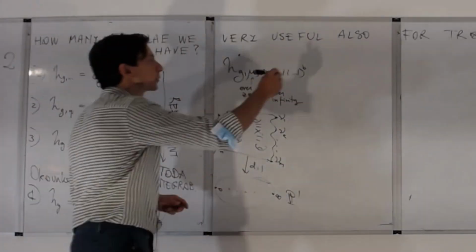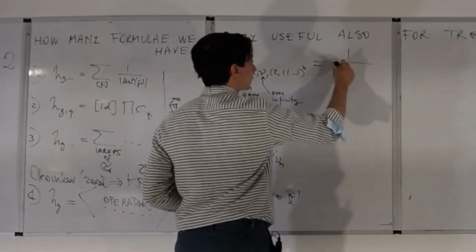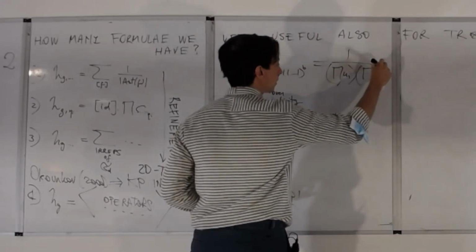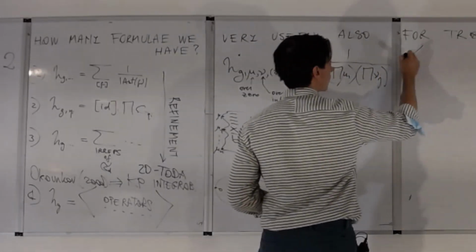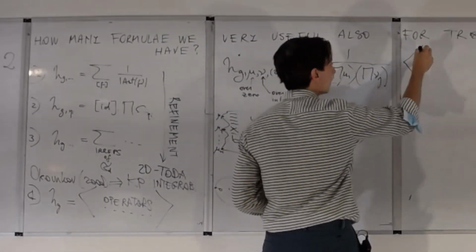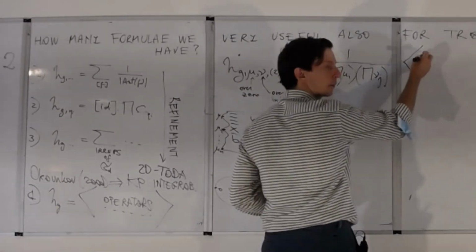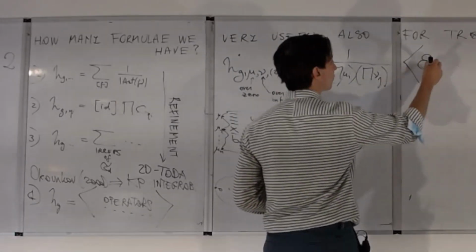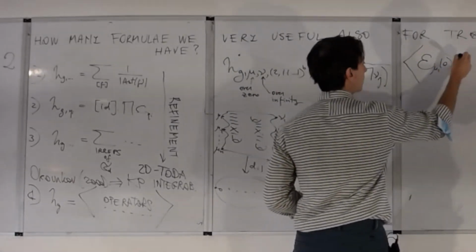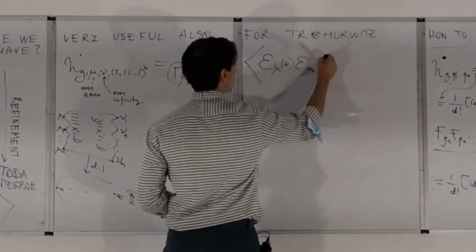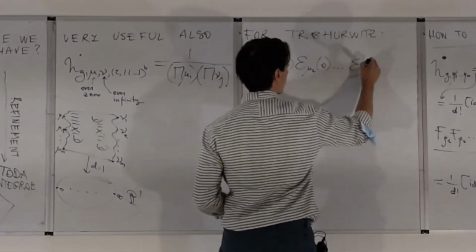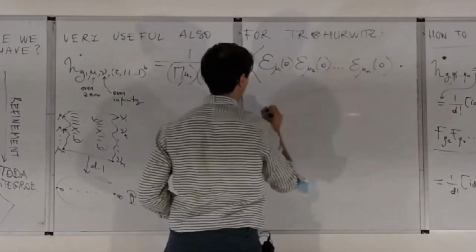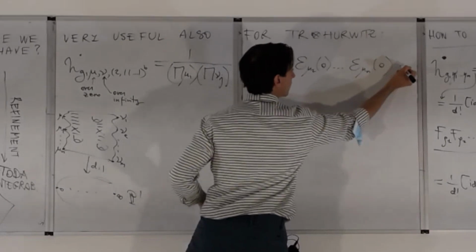And this is equal to 1 over the product of the mu_i's times the product of the nu_j's. And then you take this vacuum expectation, and I will write some symbols, then I will explain how they behave. You take this curly E of mu_1 in 0, curly E of mu_2 in 0, curly E of mu_n in 0. Then you take times, or maybe composition, but it doesn't matter.